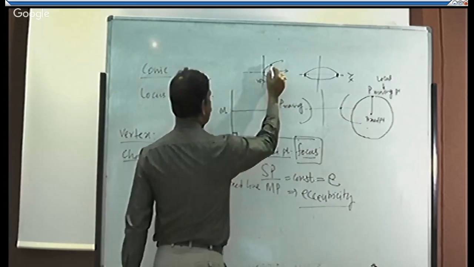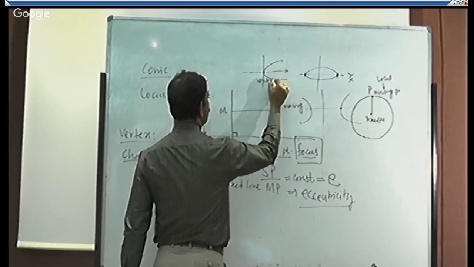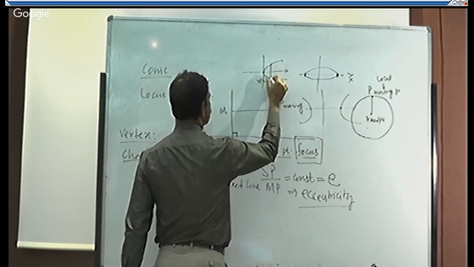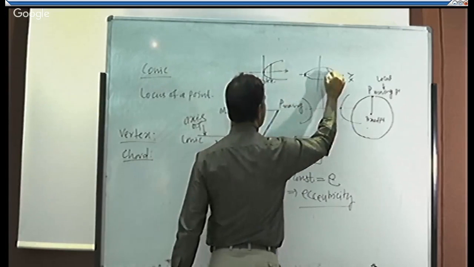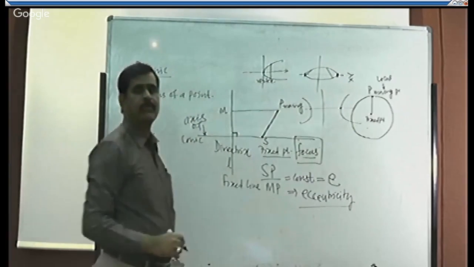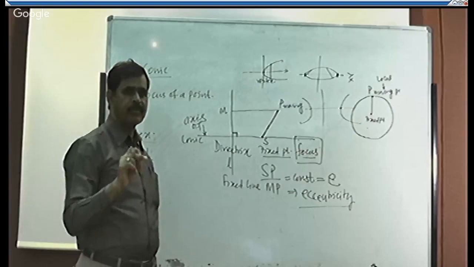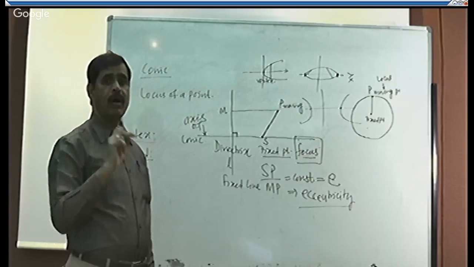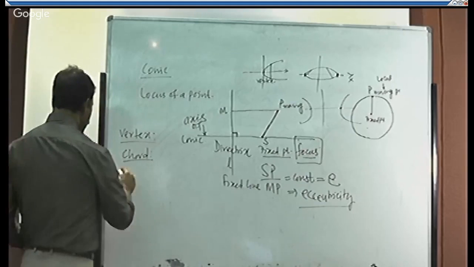So, if I take this as 1 point on the surface and 1 point on another surface, this will be called a chord. This is a chord of a conic. What is a chord? A chord is a straight line joining 2 points on the surface of the conic, right?